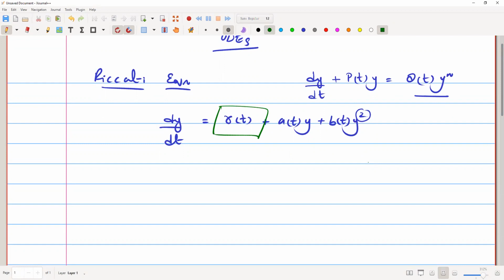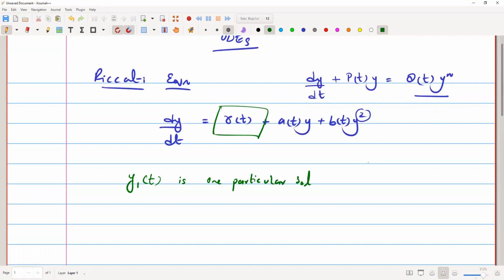However, if we happen to know one particular solution, then it is possible to find the general solution. So we can assume that y1 of t is one particular solution of the equation that is known.